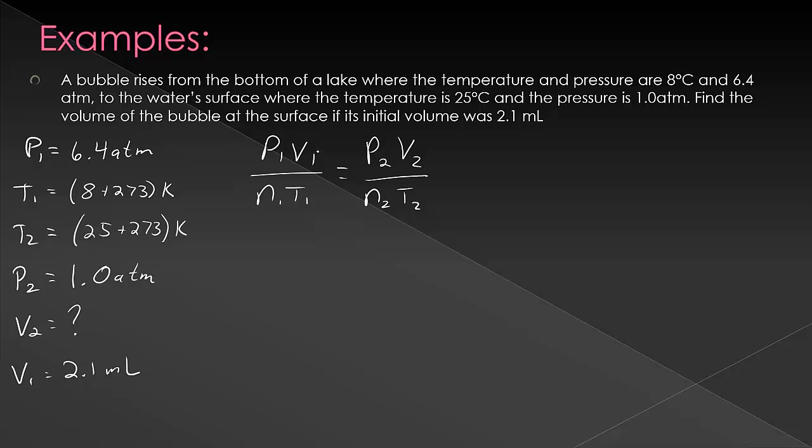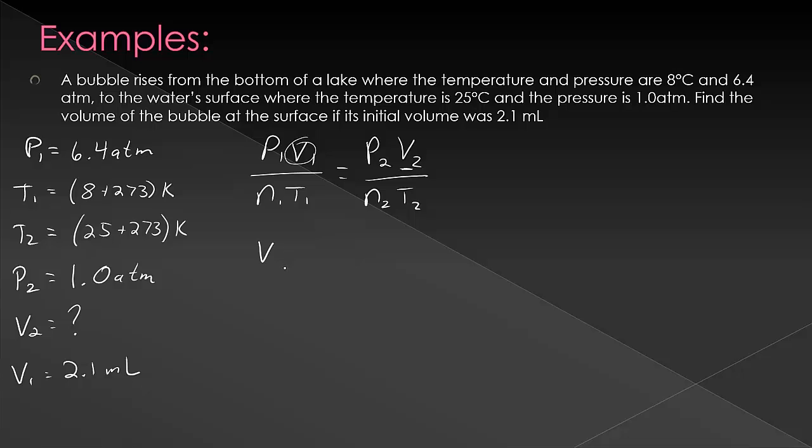Whatever I fill into volume here is going to come out in my volume here. That's not true with temperature because of that addition. Because it's a Kelvin to Celsius, it's addition, and that works differently mathematically. So you always have to use Kelvin, but pressure and volume, you can be a little lazy with your units.